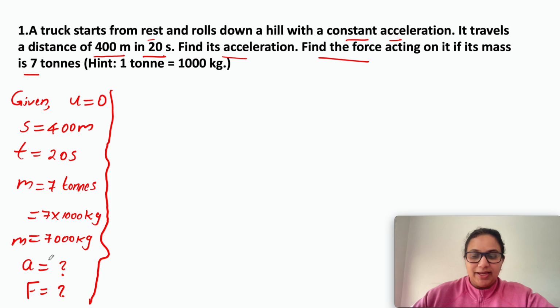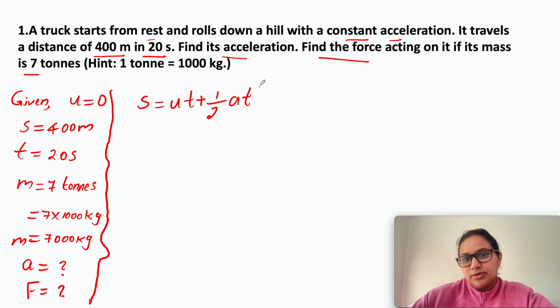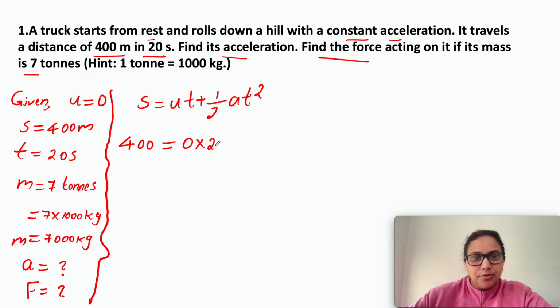In order to calculate acceleration, we have initial velocity, distance traveled, time taken. So what is the relation connecting all these parameters? So we have distance traveled s is equal to ut plus half a t square. So s is given, 400 meter, which is equal to u is 0 times 20 plus half.